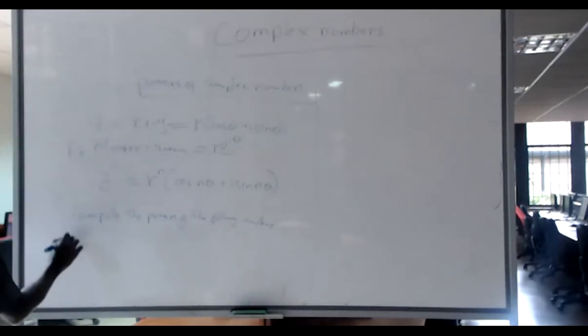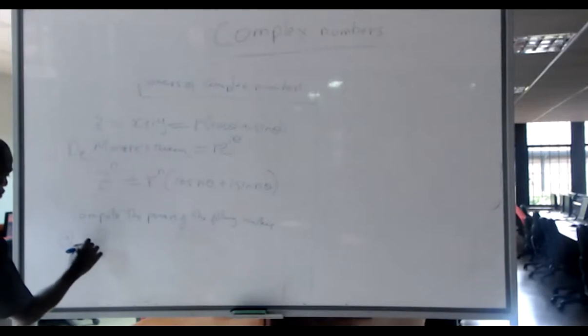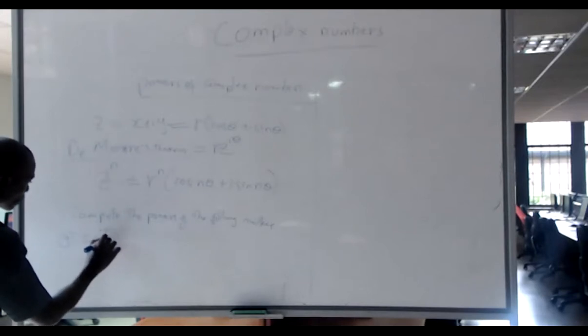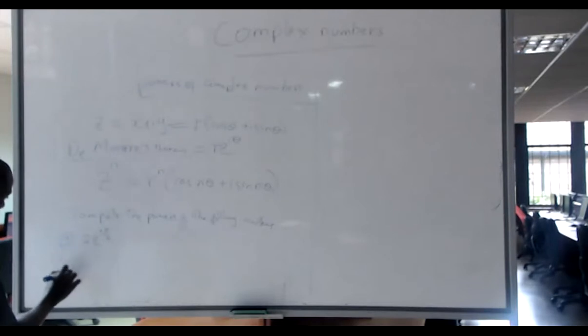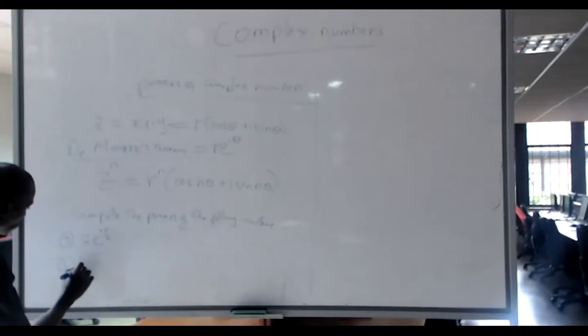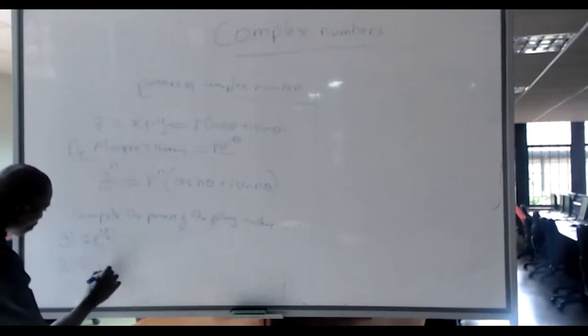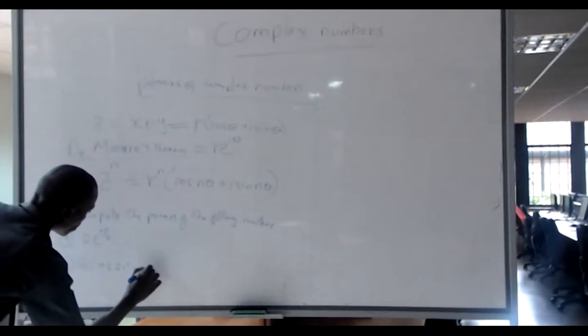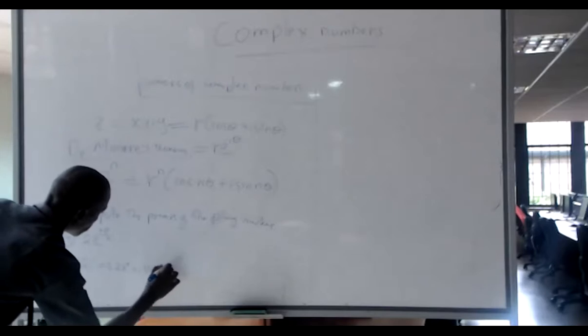So let's say part A, we have 2 exponent I pi over 4. Maybe part B, you have 2 times cosine of 20 degrees plus I sine of 20 degrees.